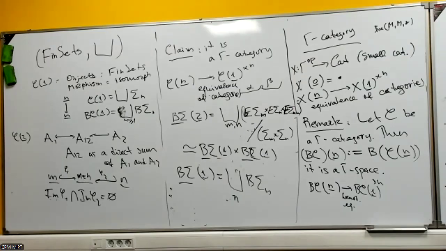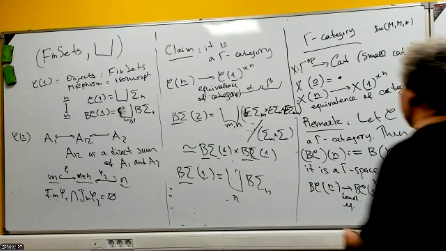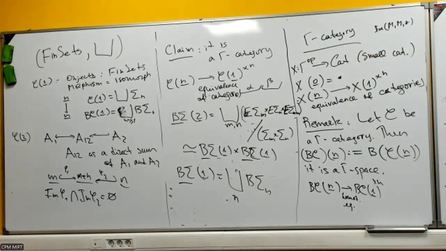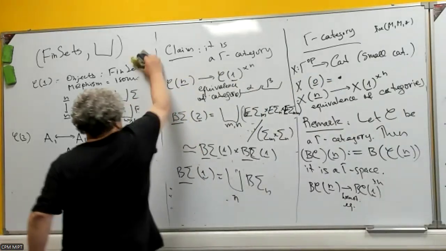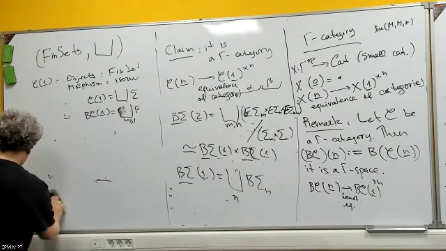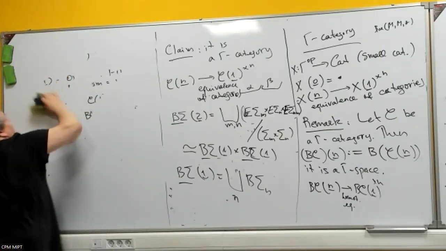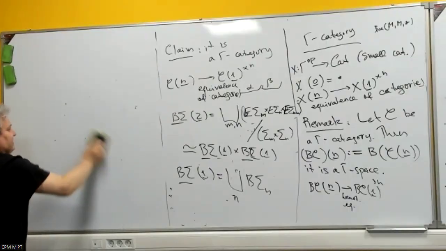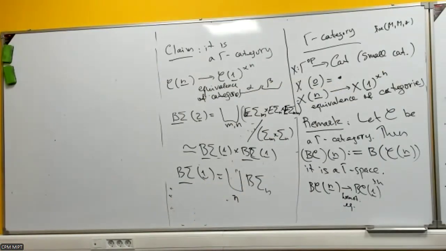And what is important in this construction is that when we restrict this gamma category to delta, as well as with gamma spaces, I can restrict the gamma category to the delta category, right?